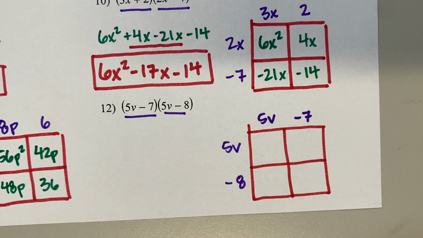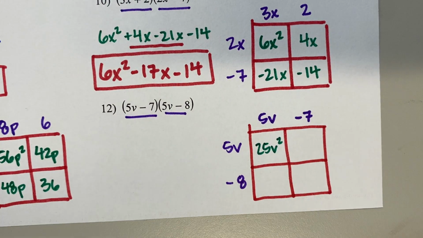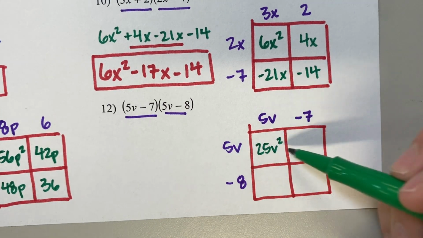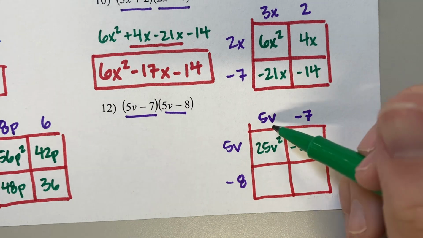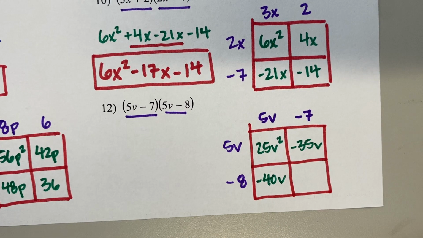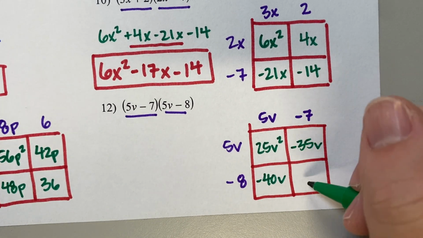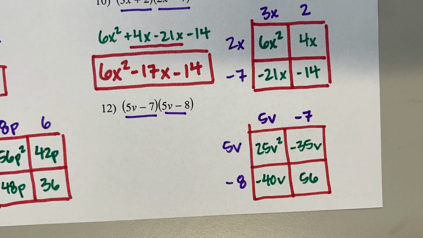So I have 5v times 5v is going to give me 25v squared. -7 times 5v, -35v. 5v times -8, -40v. And -7 times -8, negative times negative, is positive 56.